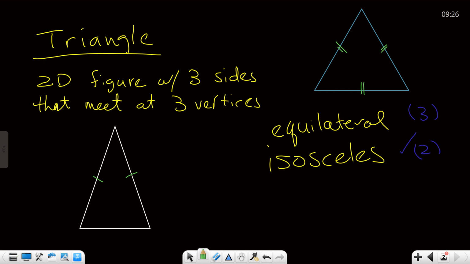There's your two pictures. Do you want to do the easier one first or the harder one? Want to get the hard one out of the way? Okay, let's do that.